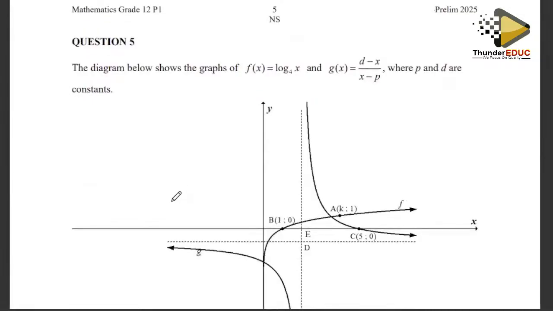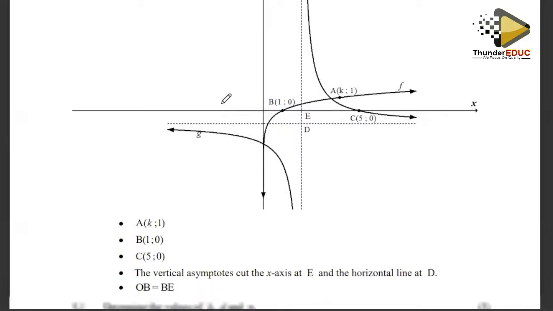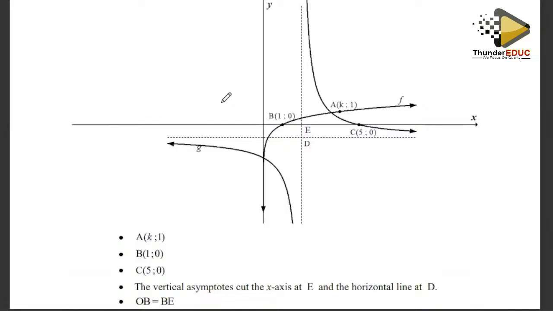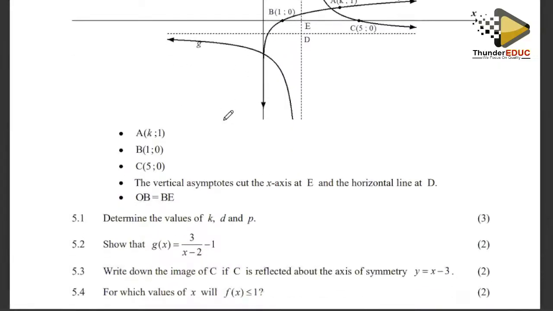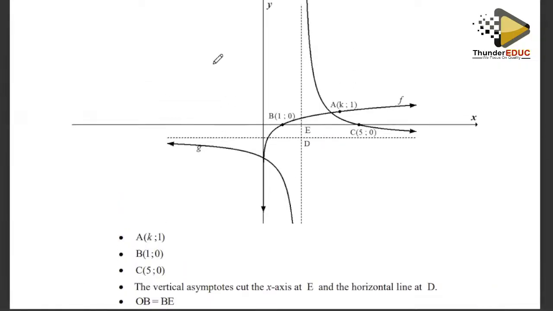Question number 5, we have a hyperbola in this form, and then we have a log function, which is kind of exponential. Okay, so they gave us these conditions, A is (k, 1), and all of that. Okay, vertical asymptote: OB is the same as BE.